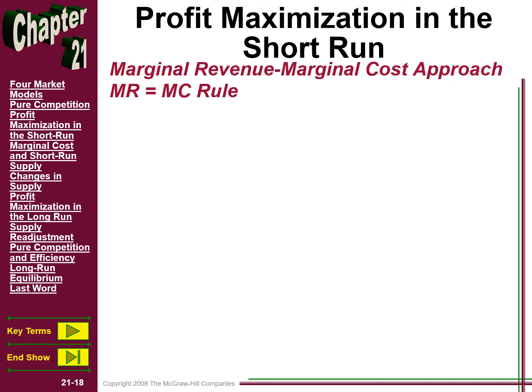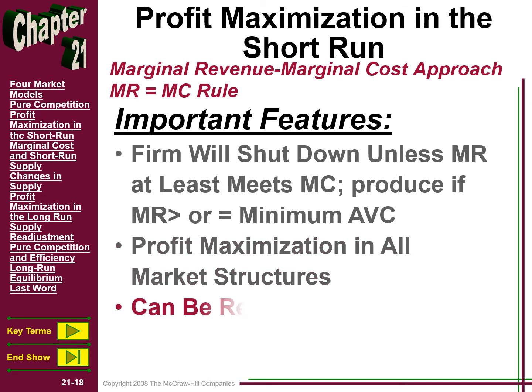So let's spend some time then discussing this extremely important rule, MR equals MC, to identify what quantity, what level of output the firm should produce in the short run. We will refer to this as Q star, the quantity which will either maximize profit or minimize loss in the short run.